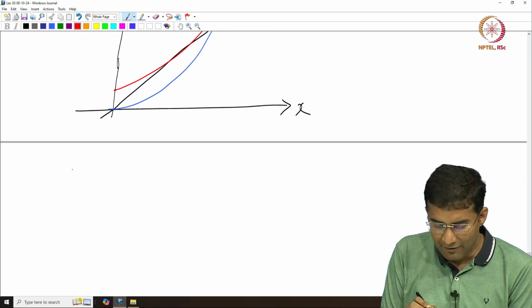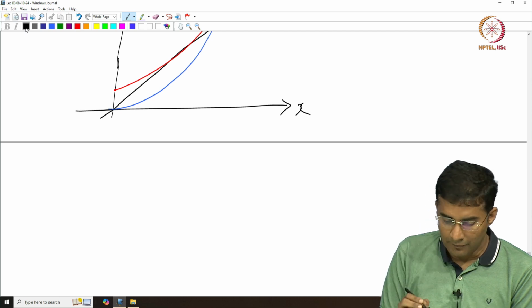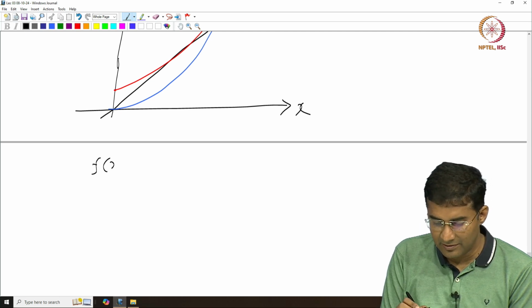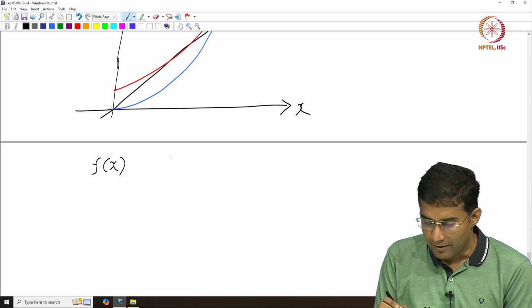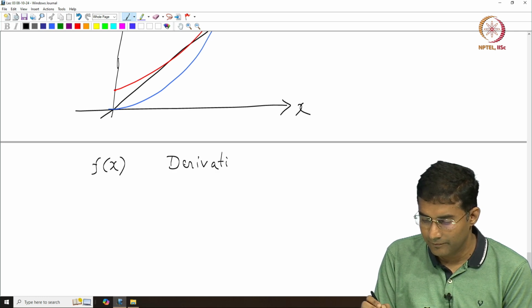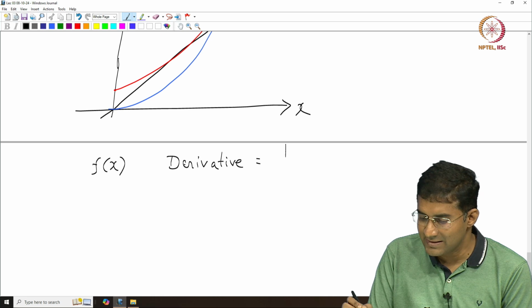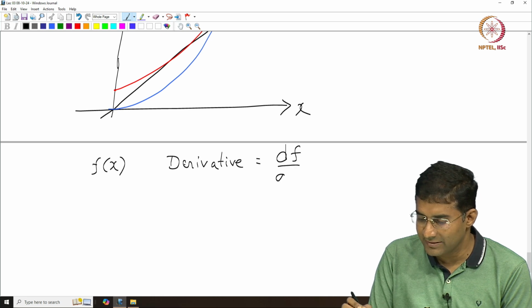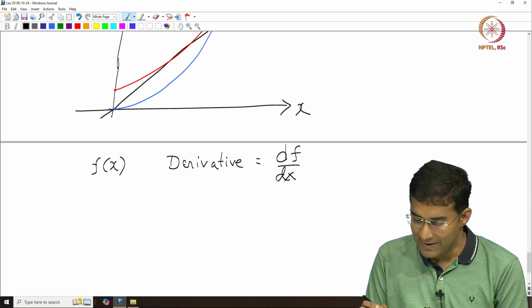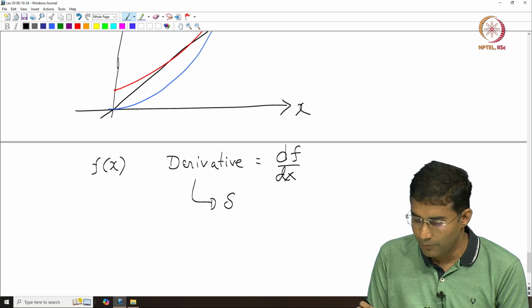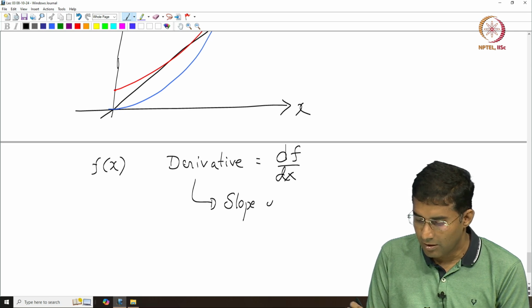If we have a function that depends on x, the derivative of the function, which we write as df by dx, is nothing but the slope of the function.